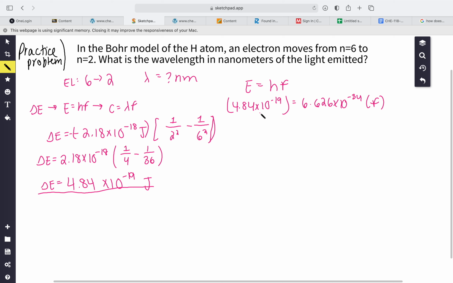And let's divide those two. I'm really regretting not having my calculator on me. This is too funny. Okay, 4.84 times 10 to the negative 19 divided by 6.626 times 10 to the negative 34.